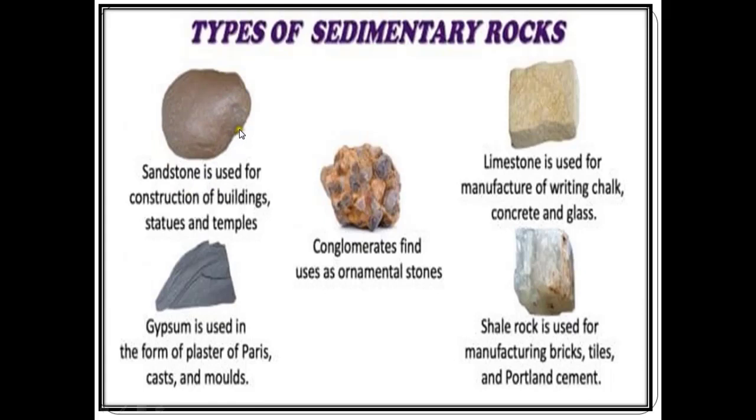Another type that we are going to see is gypsum. Gypsum is also a kind of rock which is used in the form of plaster of Paris, also in casts and molds. This is formed from water-dissolved minerals from rock.